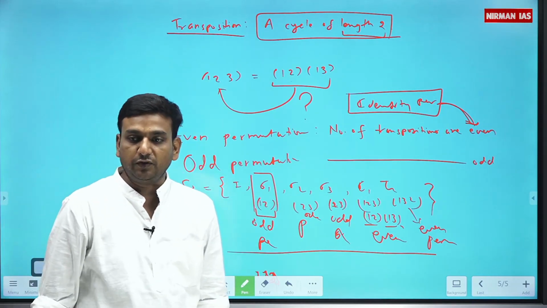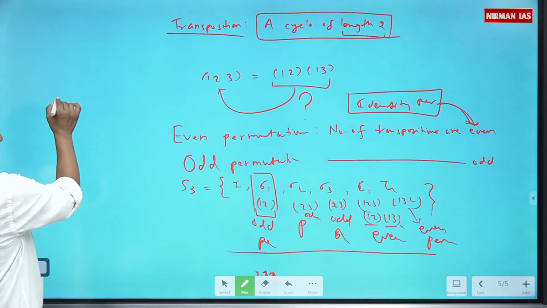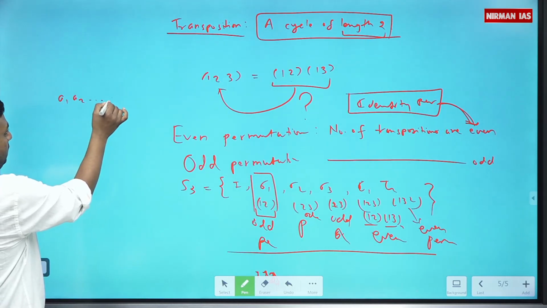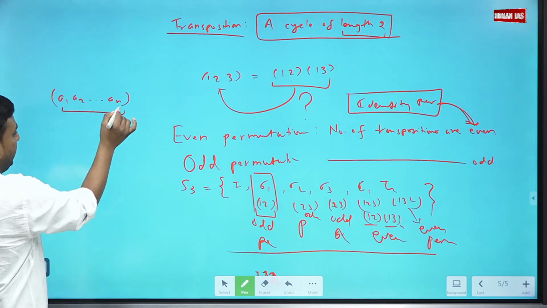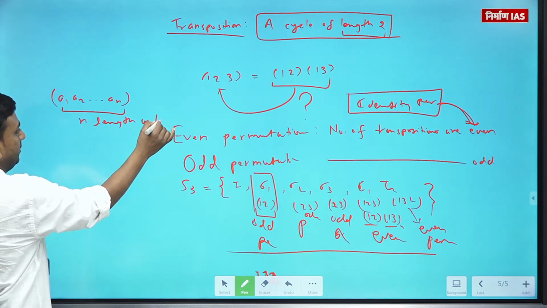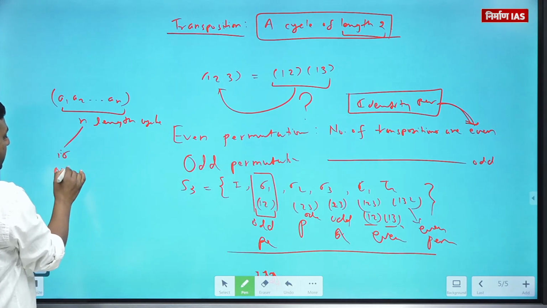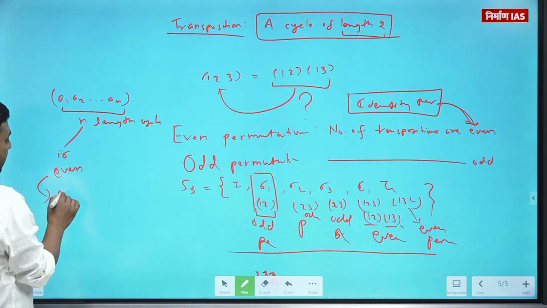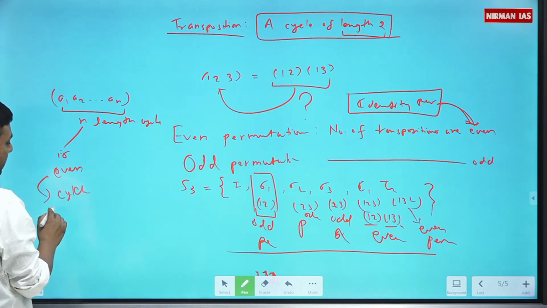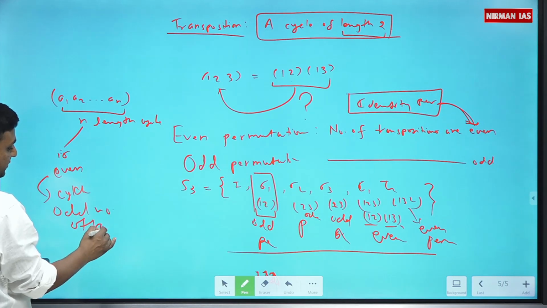And in short, I will say A1, A2, AN. Suppose that these are n symbols or an n length cycle. If n is even, then its cyclic decomposition will contain an odd number of transpositions.